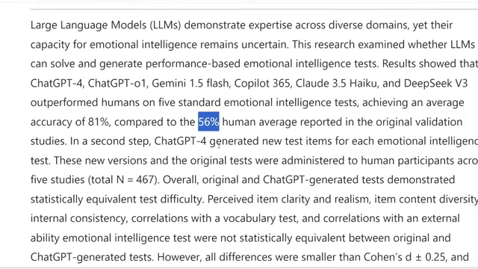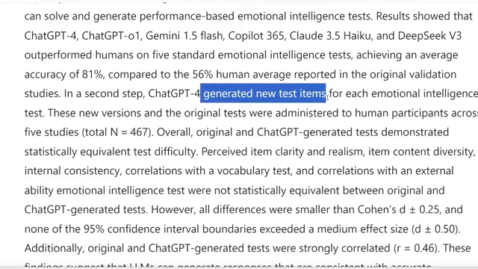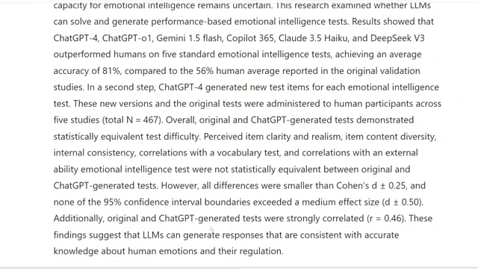The AI models not only excelled at selecting the most emotionally intelligent answers, but they were also able to generate new, reliable EQ tests that were really good quality. In fact, you couldn't really tell these tests apart from questions that were generated by human experts. There's a lot more technical details here, but those were the main findings of this report.